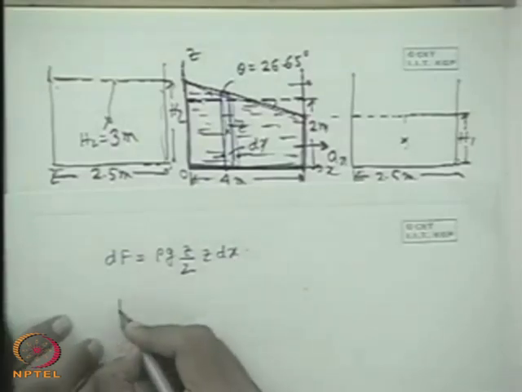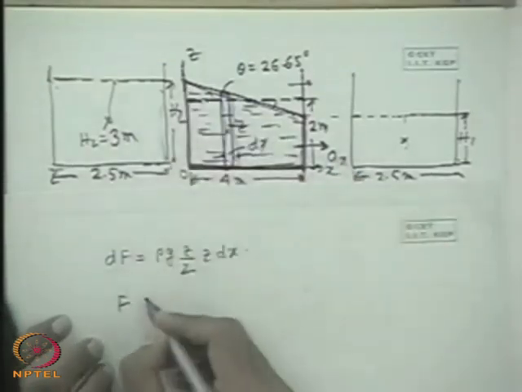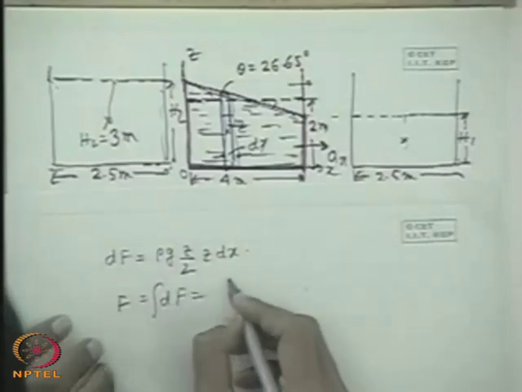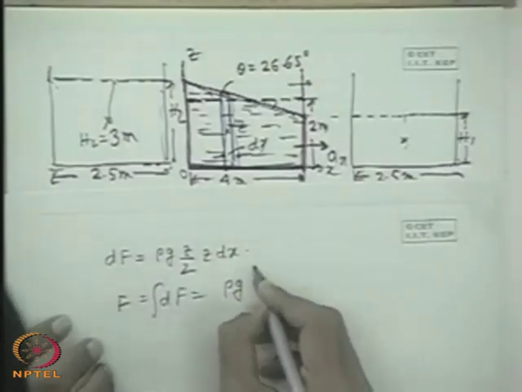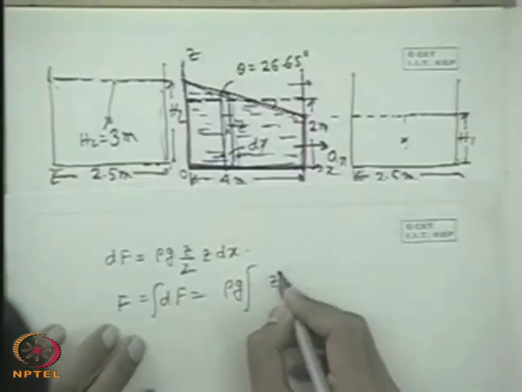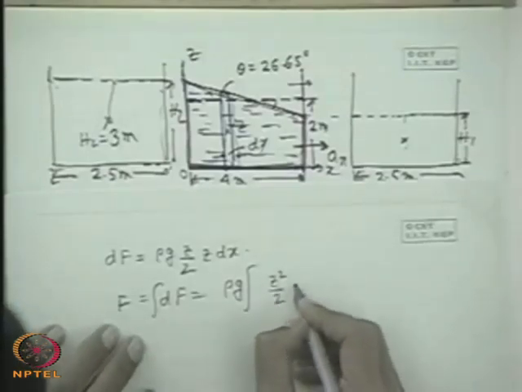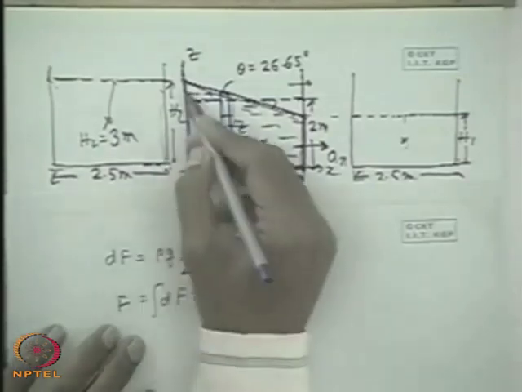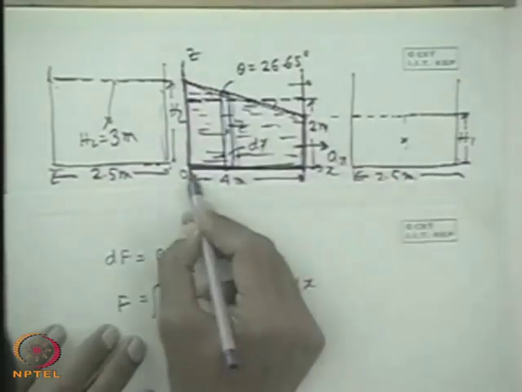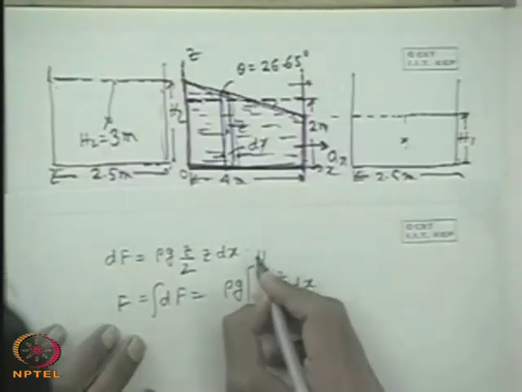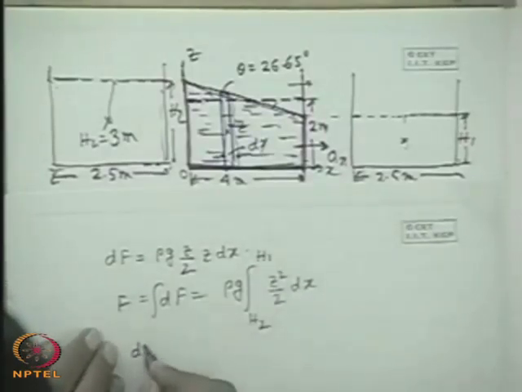So F for the entire surface will be the integration of dF, rho g taken outside, incompressible, that is a liquid, and z squared by 2 dx. The 2 also I could have taken outside. This should be from h1 to h2, going in the positive direction. And another relation is that dz by dx is equal to, what is dz by dx?